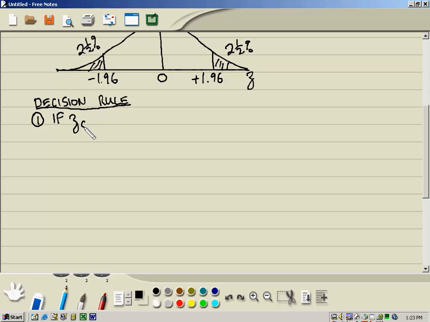If we're doing z-calcs now, if z-calc is between positive and negative 1.96, right, two values too close together, it's possible they're the same, so do not reject the null.